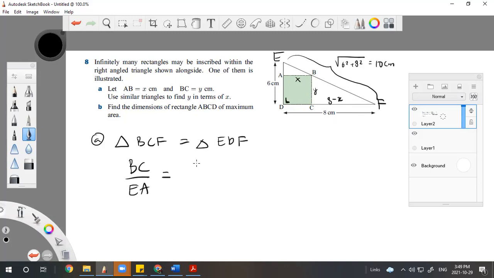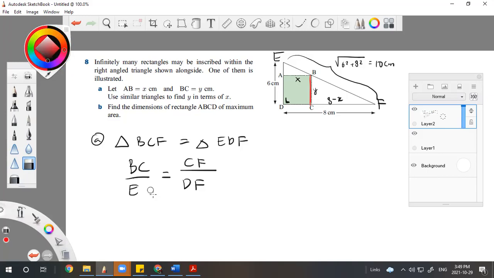Equals CF over ADF. See, the smaller one over the bigger one equals the smaller one over the bigger one. BC over ED, not EA, see? BC over ED equals CF over DF, right?